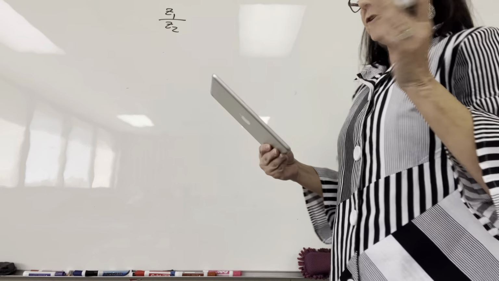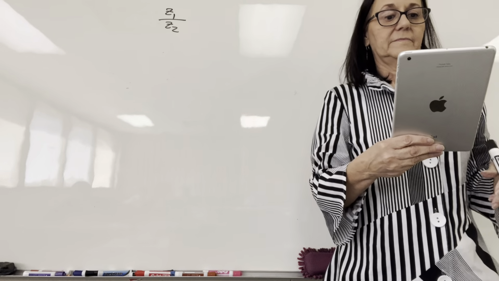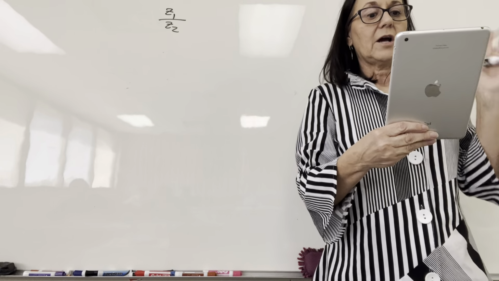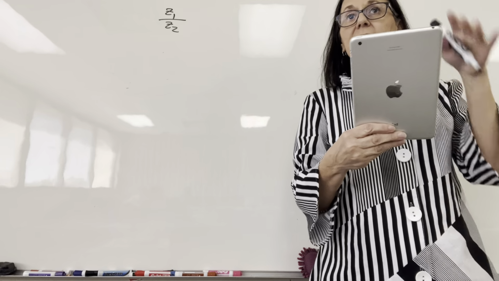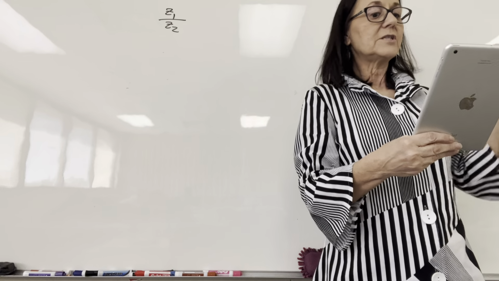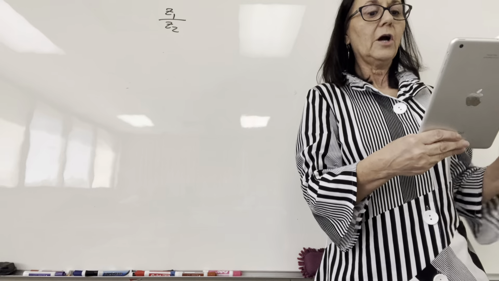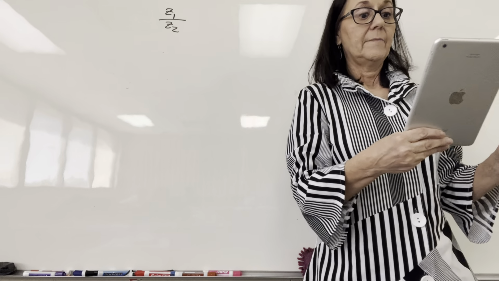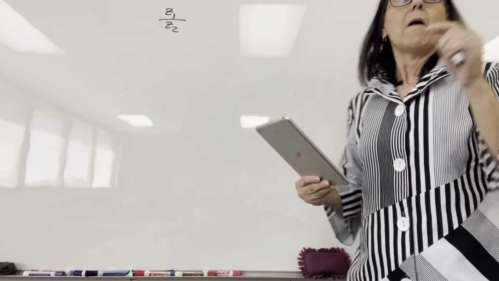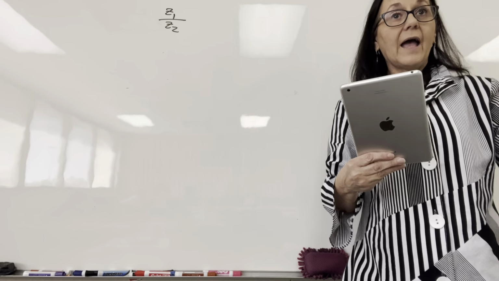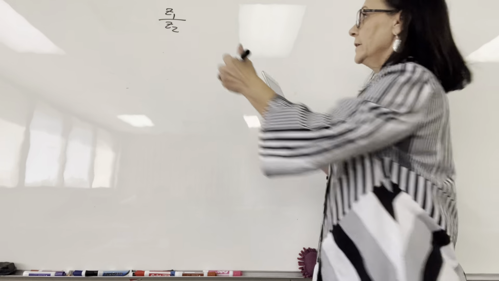Y'all can see what they are. Z1 is 10 cosine pi over 3 plus I sine pi over 3. Z2 is 2 cosine pi over 4 plus I sine pi over 4. Our moduli we're literally going to divide.